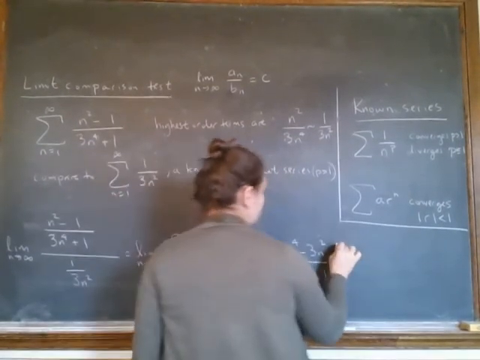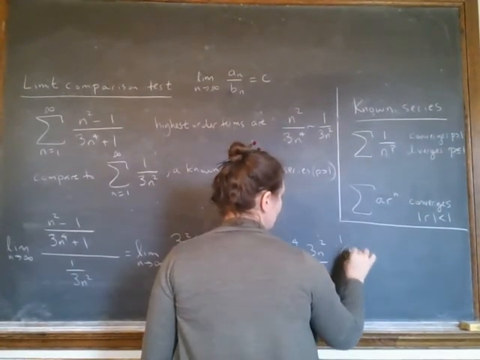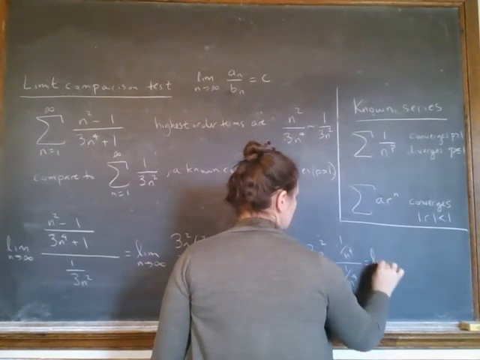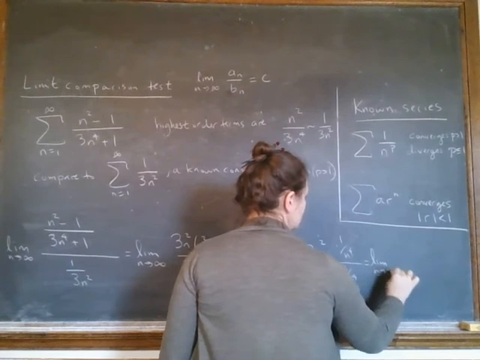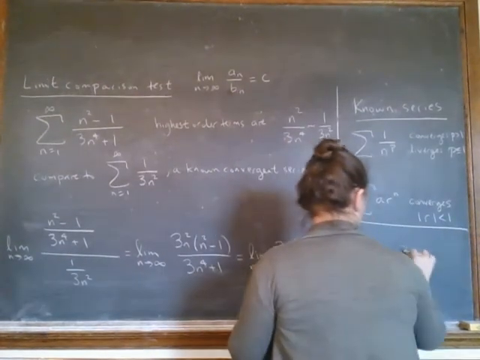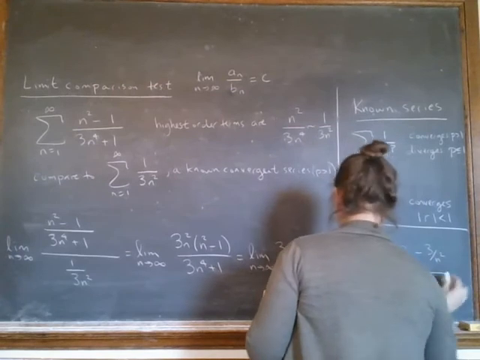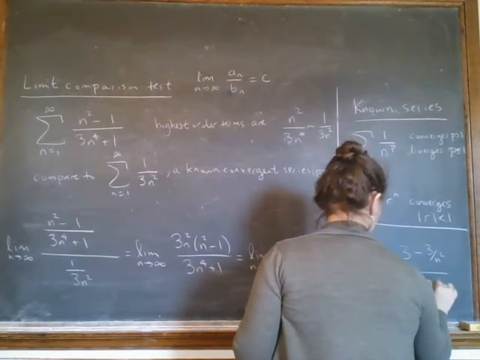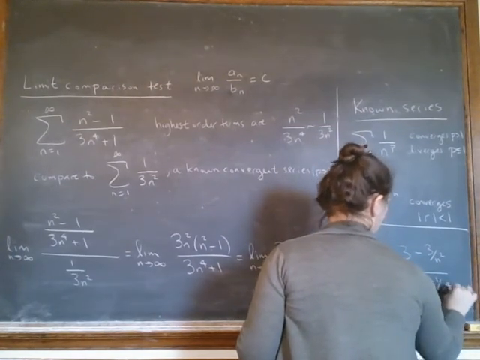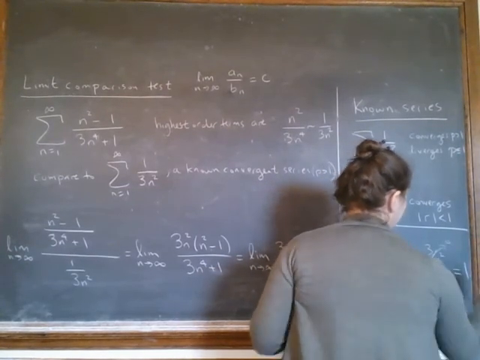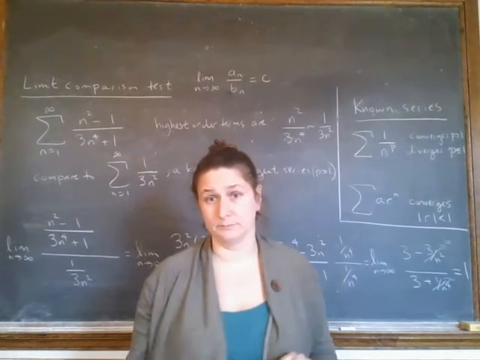So I'm going to multiply top and bottom by 1 over n to the 4th, like usual. So this is going to be the limit as n goes to infinity, and this will give me 3 minus 3 over n squared over 3 plus 1 over n to the 4th. These guys go to 0. I end up with 3 over 3, which is 1. Okay?